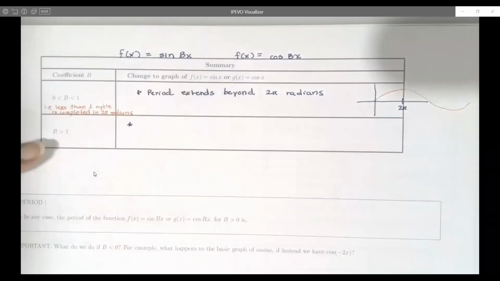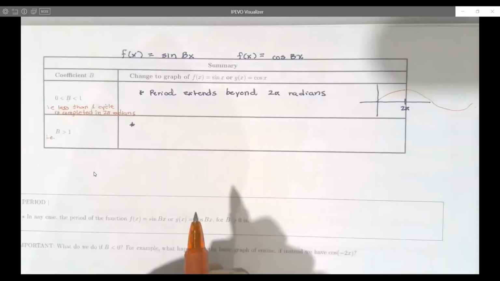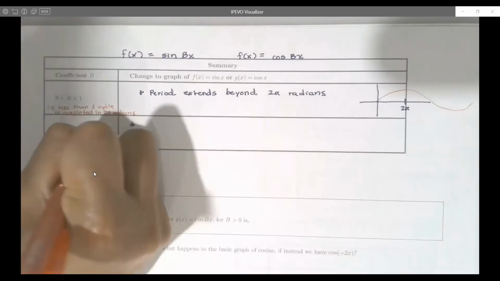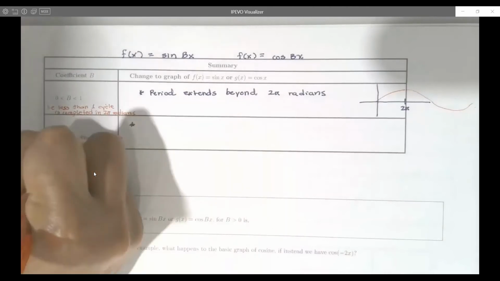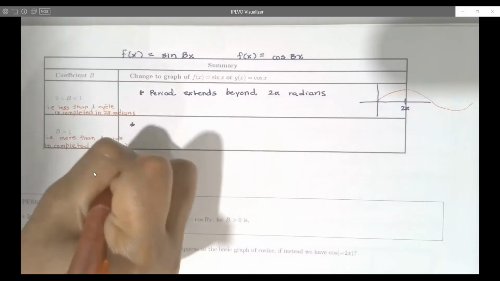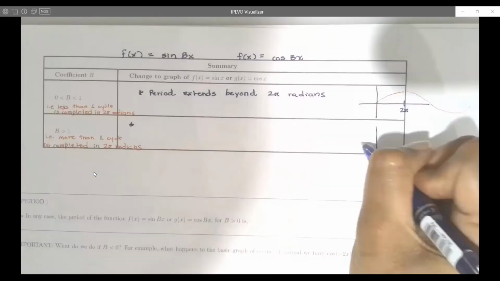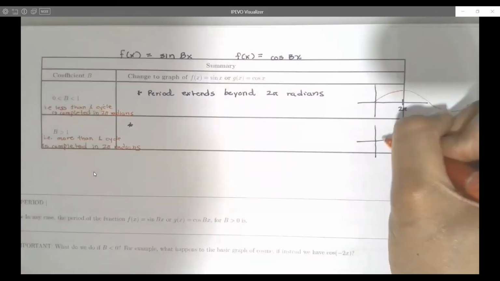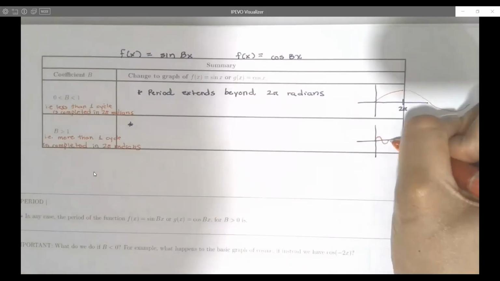Okay, now what is this one saying? Well, this is saying that there will be more than 1 cycle completed in 2 pi radians. So again, let's think about it. Let's say that this is our 2 pi radian mark, and I have more than one cycle. That's one full cycle for sine, and let's say we have another full cycle.